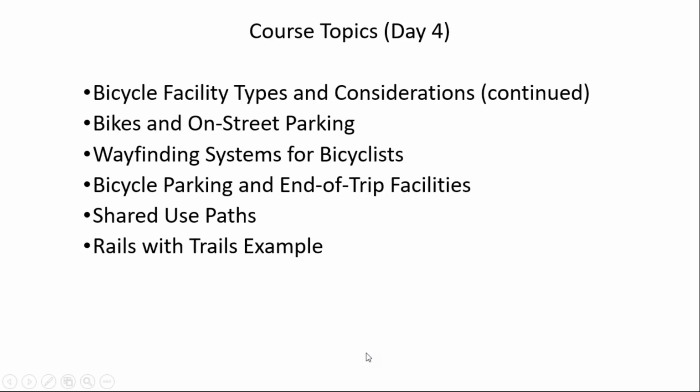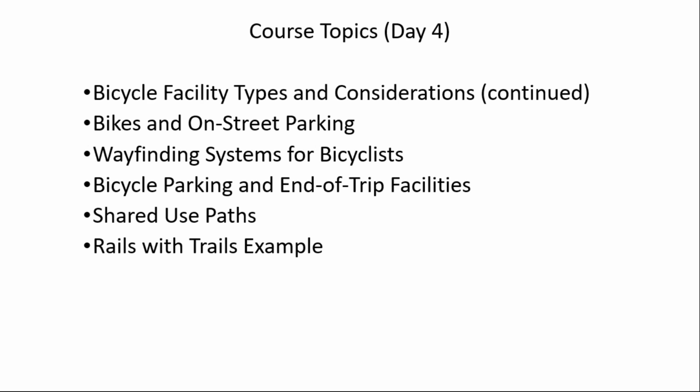Let me just review. Here's our agenda for today. You may recall last time we were talking towards the end of class about bicycle facilities, including shared facilities and wide curb lanes. We're going to continue that today and talk about several other types of bicycle facility types and the considerations involved with each.